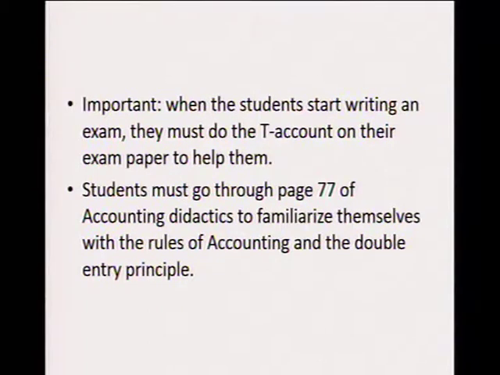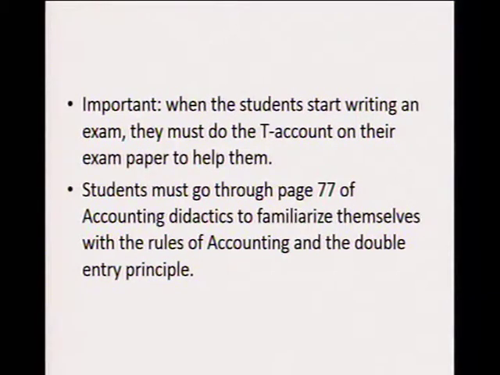And then on that page 77, you will find the table that will give you the type of transactions that are likely to happen in the accounting equation. They'll tell you the effect, they'll tell you the transaction that they have given you, where it will increase, where it will decrease.